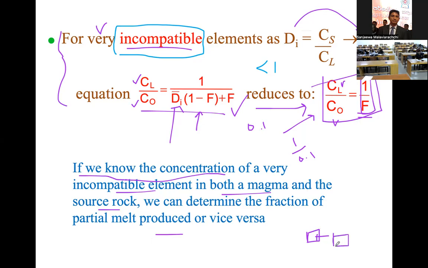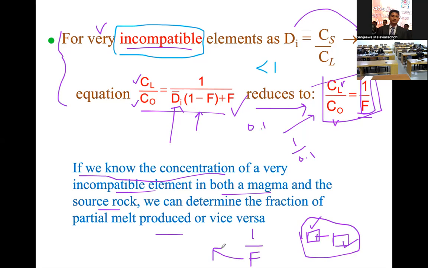In the mantle we know the composition of different elements, so we know the CO, and from the rock we can calculate the Cl. Then you can take the ratio, or the reciprocal of that ratio, to find the 1 over F value of that system, so you get the F value calculated.